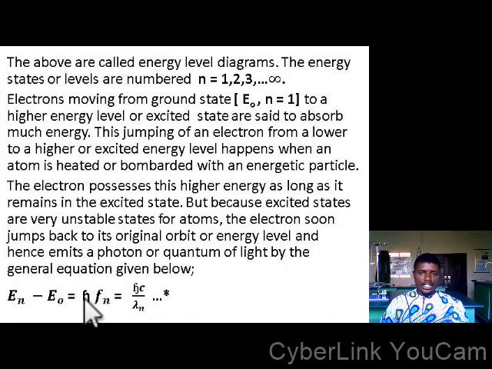And then h is the Planck's constant. f_n is the frequency at different energy levels, n1, n2, n3, n4, up to n equals infinity. h here is the Planck's constant, and c is the velocity of light, which is 3 × 10^8 meters per second. And then here is the wavelength of the photon of light emitted.